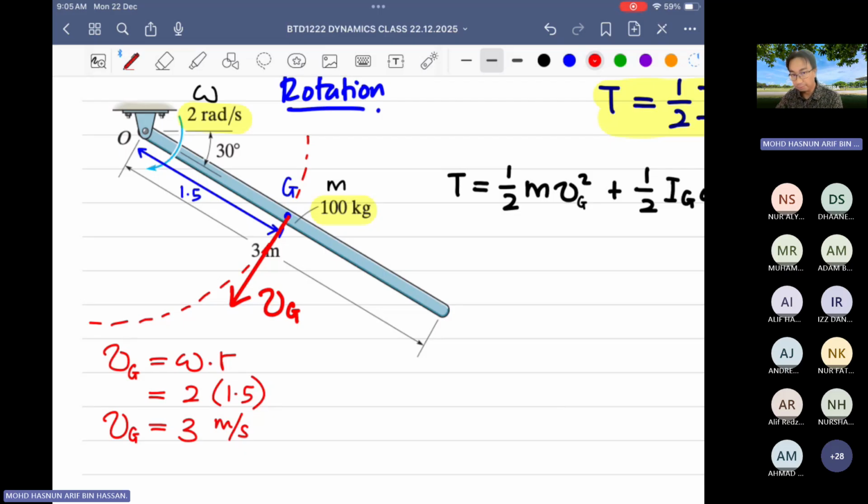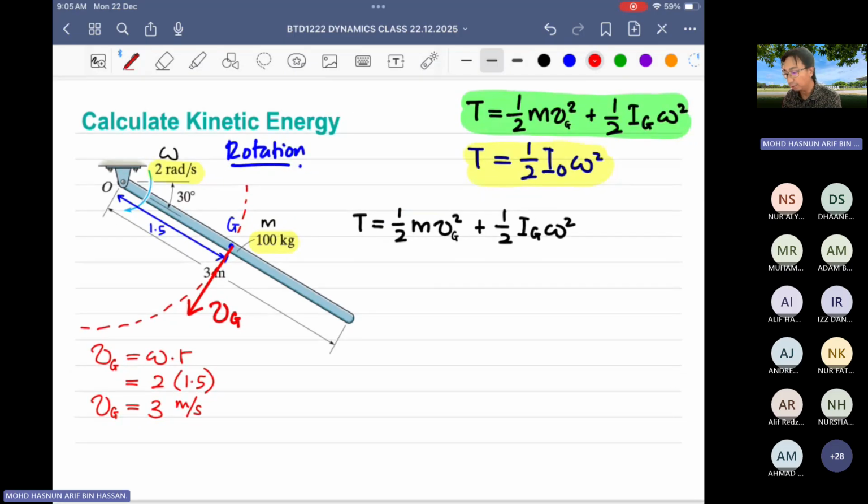Because point G is moving downwards following the circular path, the velocity direction will keep on changing based on the path, because the velocity is always tangent to the path. So that is Vg. Now we can substitute into this.